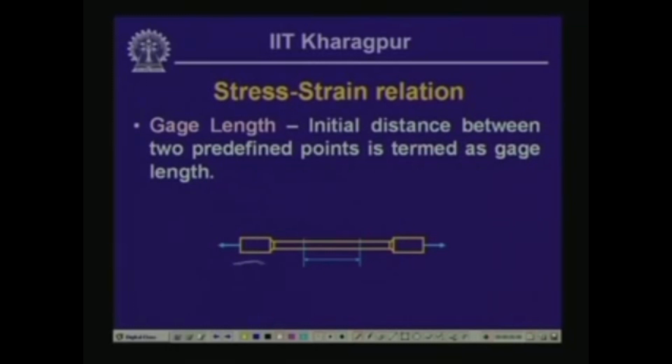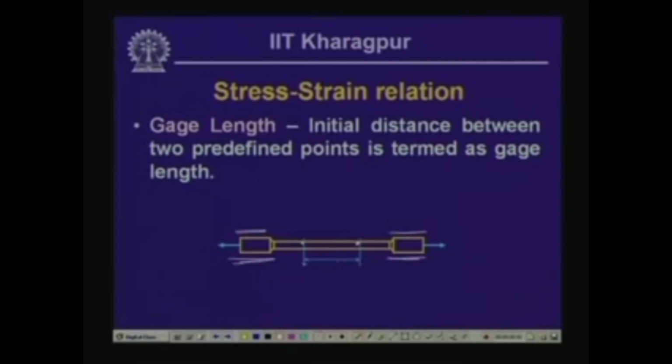This part is called the grip, which is inserted in a tensile testing equipment, and the whole bar is pulled. Now, on this bar we fix a length which is in between, a little away from the grip, so that the length on which we focus our attention is not affected by the variation of the load in the grip zone.